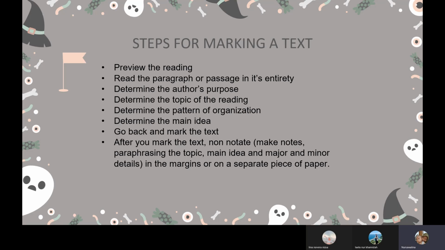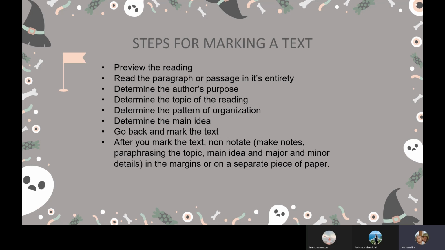And here are the steps for marking a text. Number one, you must preview the reading, then read the paragraph or passage in its entirety. Determine the author's purpose.